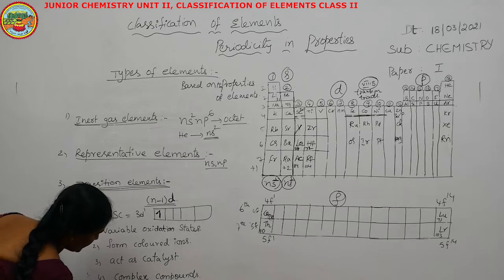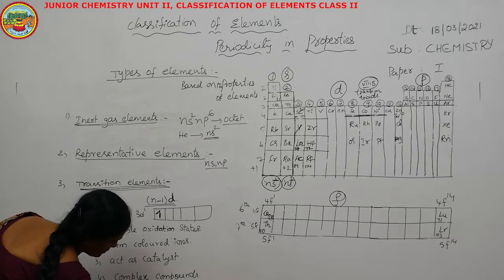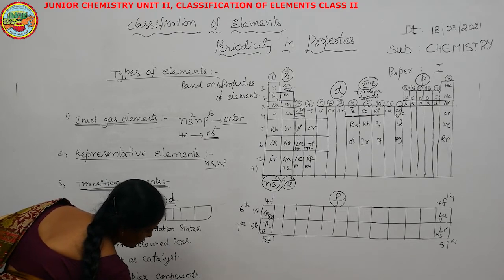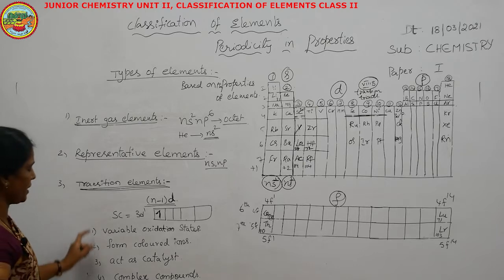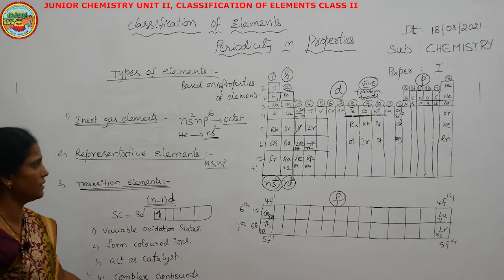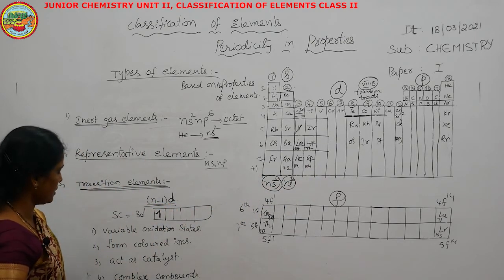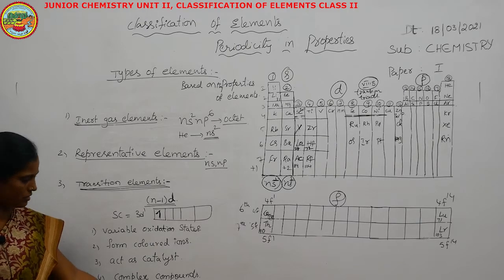They show magnetic nature, magnetic behavior, paramagnetic, diamagnetic. They exhibit paramagnetic, diamagnetic, like that. This property depends upon the number of unpaired electrons.